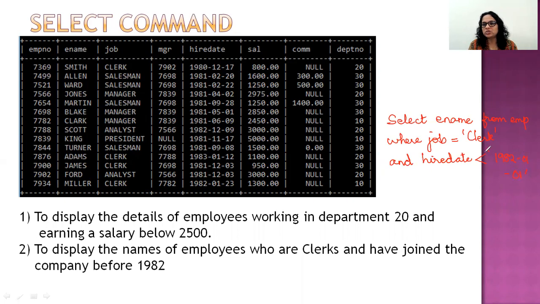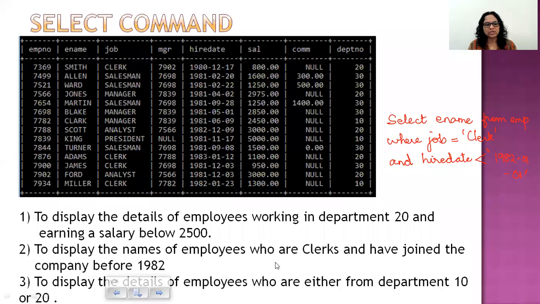And remember, I told you in the previous videos that strings and dates are written within quotes. Okay, so the most commonly made mistake would have been that you just write less than 1982, and that's not going to work because the data in the hire date column is not talking about just 1982, it's talking about a particular format. So your command should have that format as well. Is that clear? Okay, let's go to the next question.